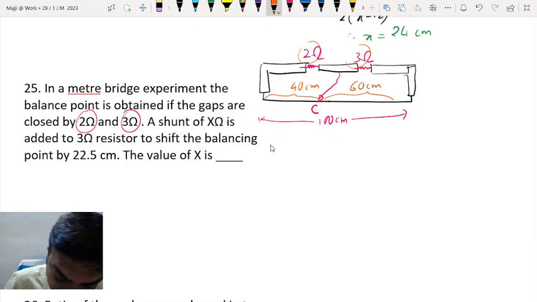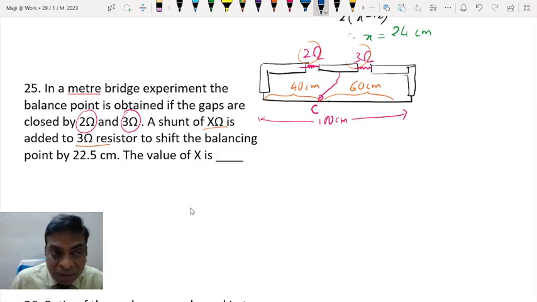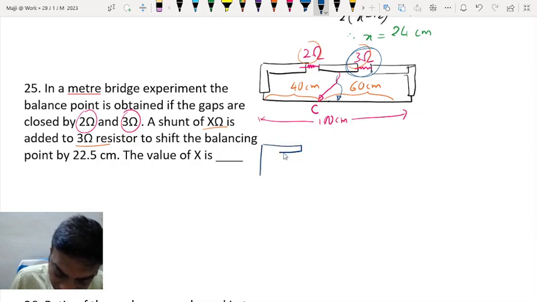Then it is given that the 3 ohm is shunted by X ohm. Shunting means connected in parallel. Remember this: whenever a wire is shunted with another wire, it means they are joined in parallel. When you join anything in parallel, the resistance will decrease, so naturally the balance point will shift towards the right. In the next situation, I'll again draw the new diagram so that you understand properly.